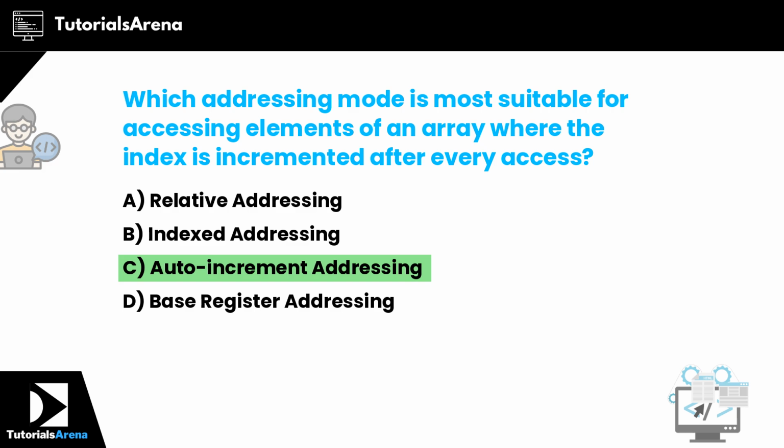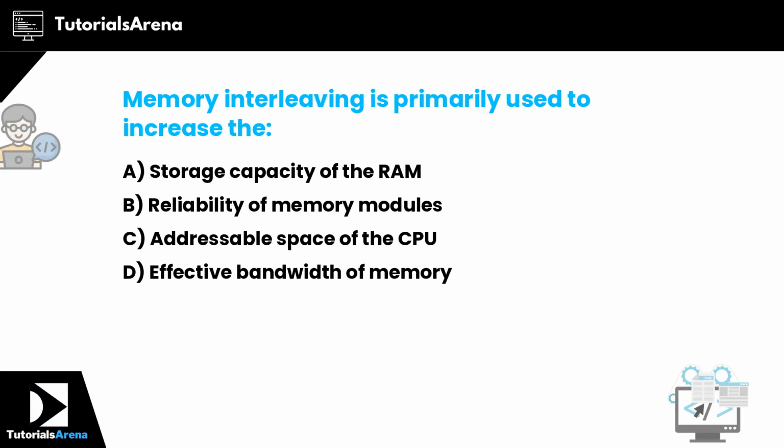The correct answer is option C, auto-increment addressing. Memory interleaving is primarily used to increase the. The correct answer is option D, effective bandwidth of memory.